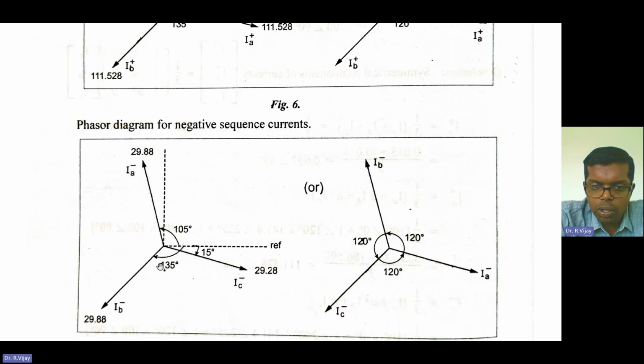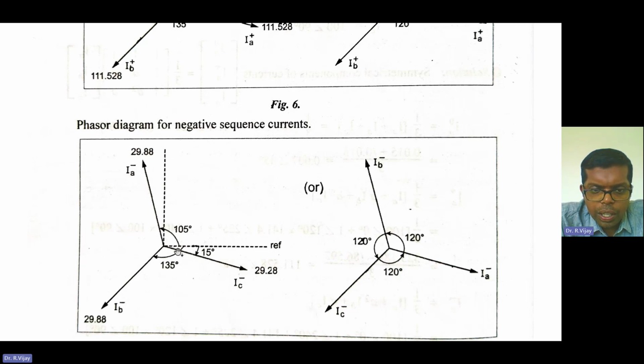That we also draw. Next, IC negative is 29.88, this 28 was wrongly mentioned, it is 88, at the angle of minus 15 degrees. So minus 15 degrees from the reference approximately comes here.